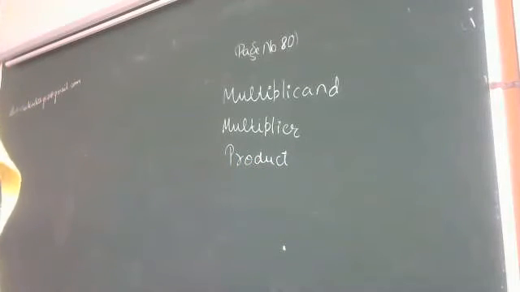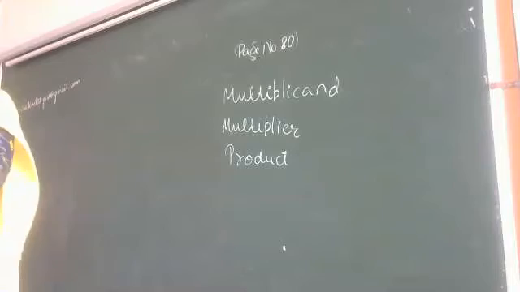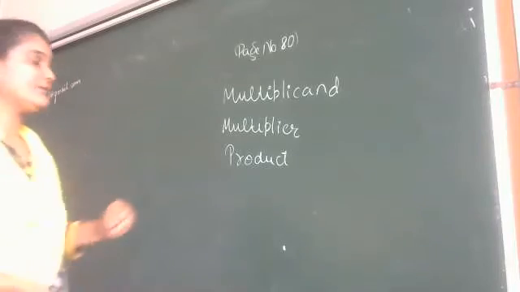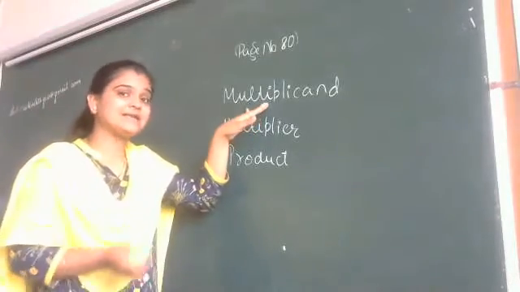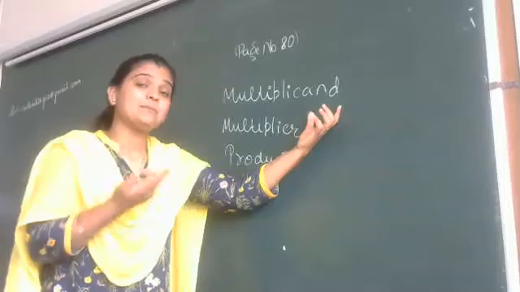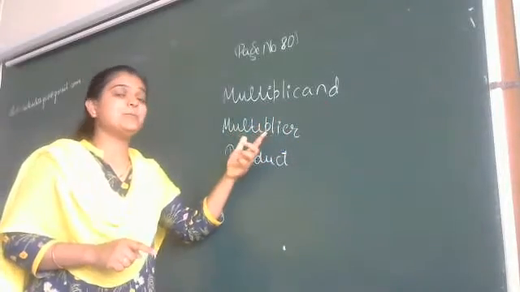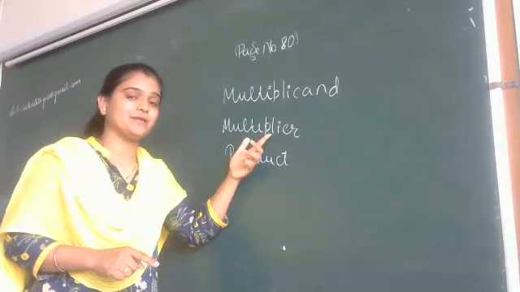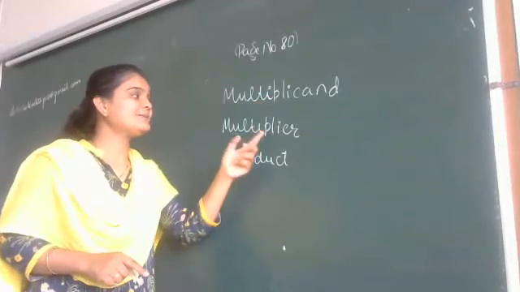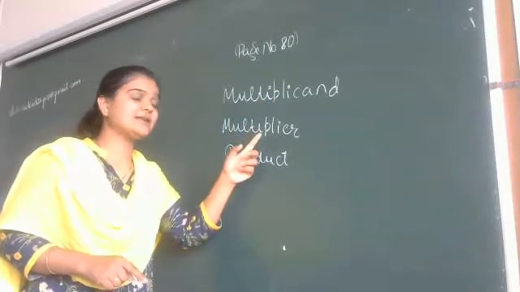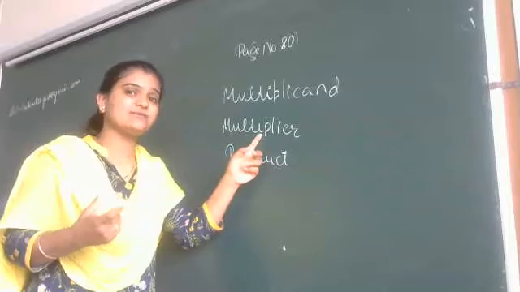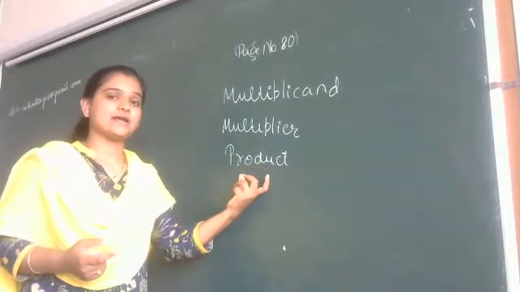The number that is to be multiplied is known as multiplicand. What number we are going to multiply, that is known as multiplicand. By which number we are going to multiply is known as multiplier. And after multiplying these two numbers, multiplicand and multiplier, the answer we get is known as product.